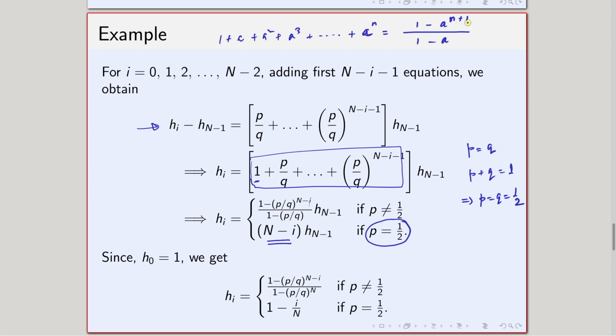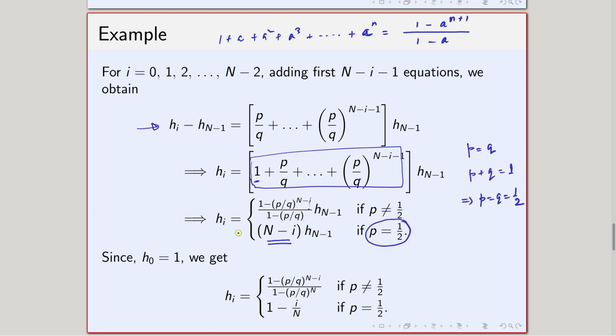So the power is basically the number of terms here. Exactly that's what I have done here. Here the number of terms is n minus i, so 1 minus p by q whole to the power n minus i divided by 1 minus p by q. So p by q plays the role of a in this case.